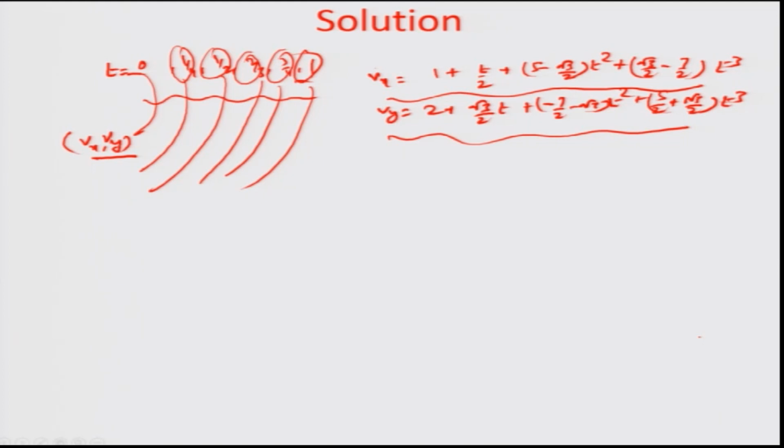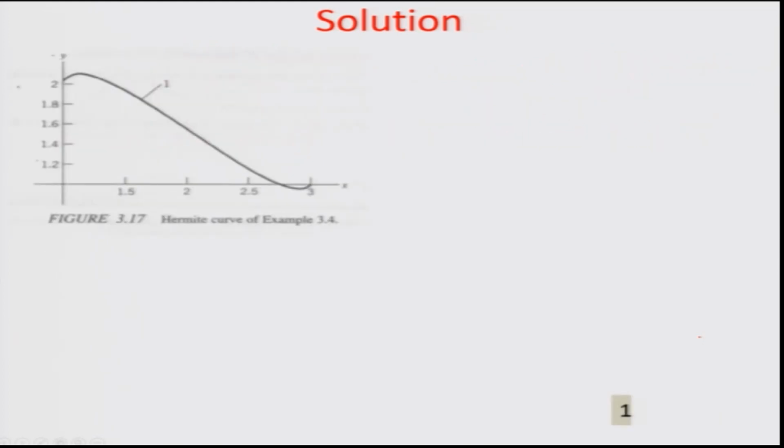So, in such a plot, something like this would be generated, where you have the initial value here, let us say 1, 2, and starting from there to a value 3, 1, and the plot that is generated is represented here with the magnitude 1.